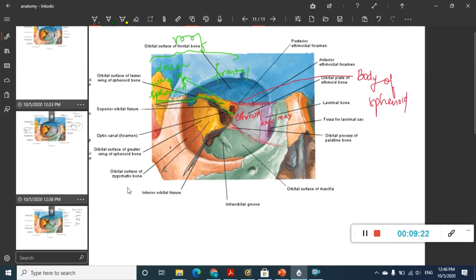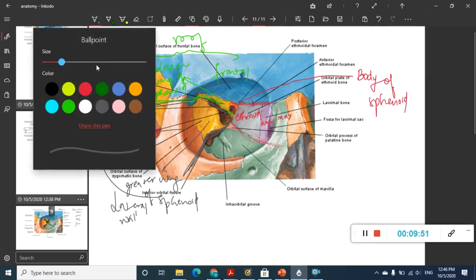This is the greater wing of sphenoid. And this is zygomatic, right? You have the zygomatic bone, and the greater wing of sphenoid comes in the lateral wall. So these both become the lateral wall: the zygomatic bone, and the greater wing of sphenoid bone.